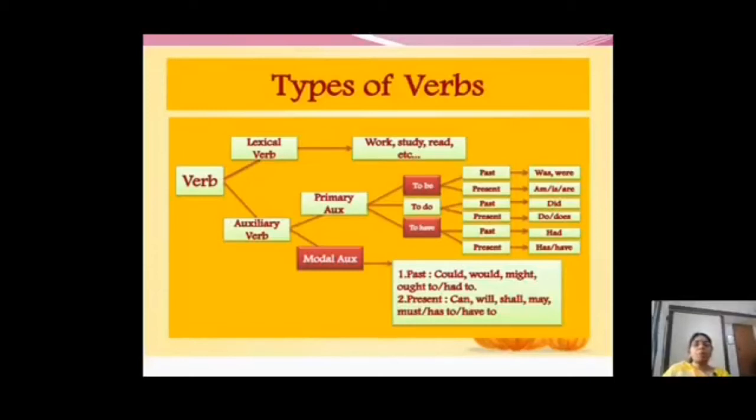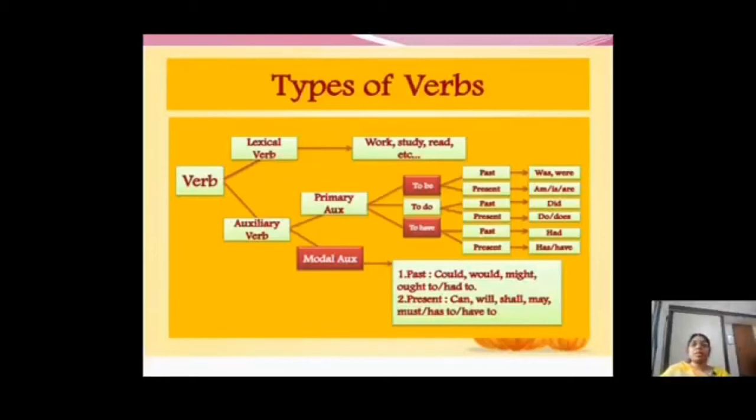Do verb: did is past tense, and do and does are present tense. Have verb: has and have are present tense, and had is past tense, right?